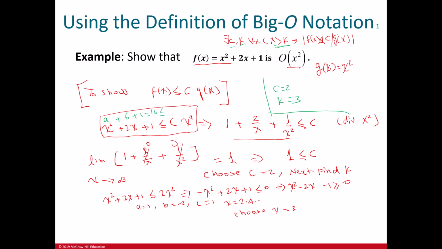The left-hand side had better be smaller than the right. We know that c is equal to 2, and x is 3. 3 times 3 is 9, then 2 times 9 is 18. So in fact this is correct, because 16 is less than or equal to 18. That confirms the correctness of our choice.